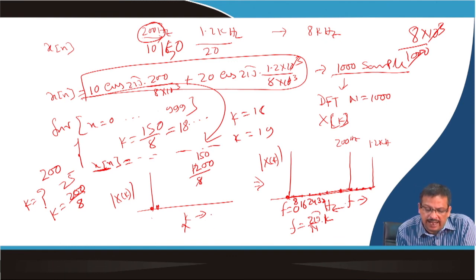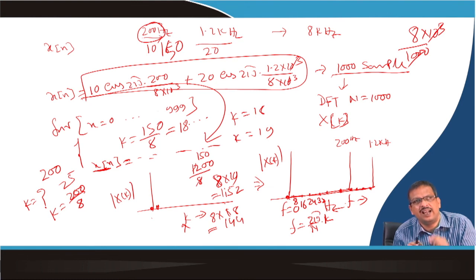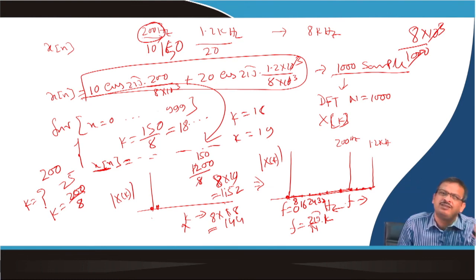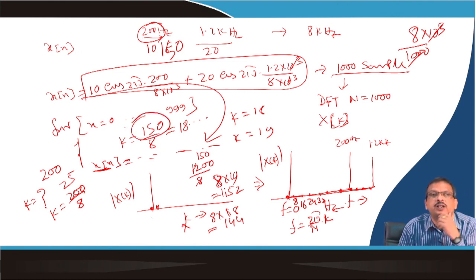So either I get 8 into 18, which is equal to 144, or I get 8 into 19, which is 152. So either 152 hertz or 144 hertz. I cannot get exactly 150 hertz.